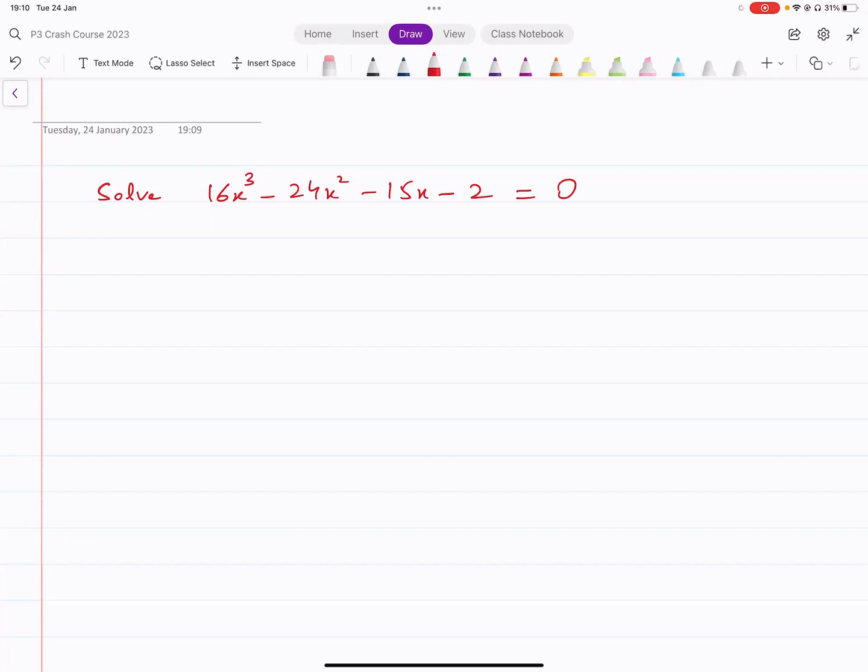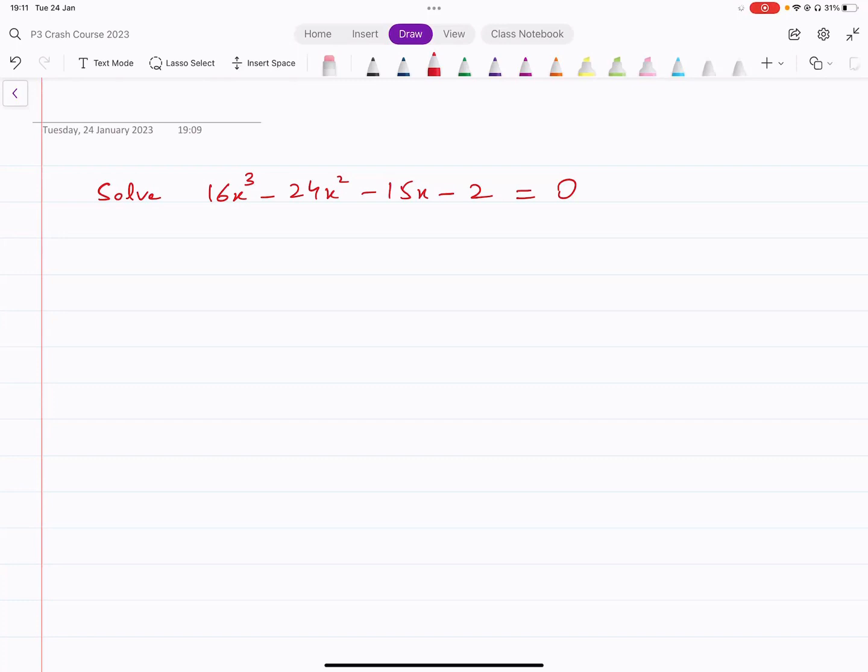But we're not given any factor here. So this can also sometimes happen. Okay. And we still have to solve this somehow. In such problems, you will be able to guess one answer somehow. Okay. So you have to guess one answer first.